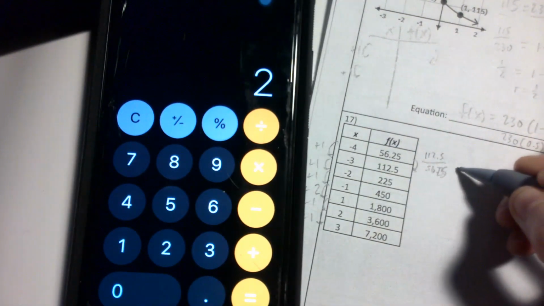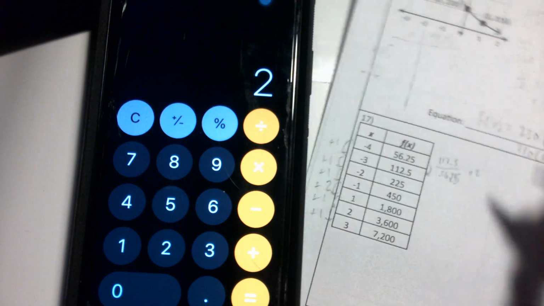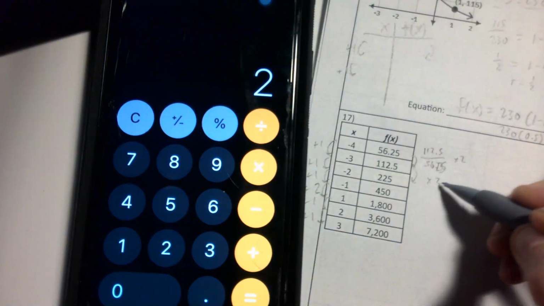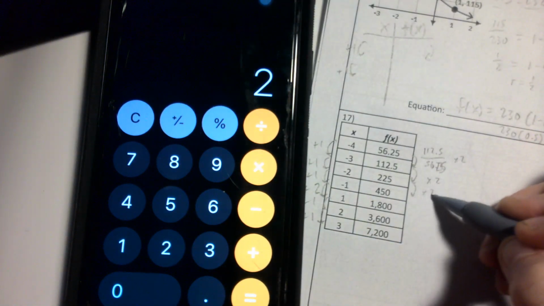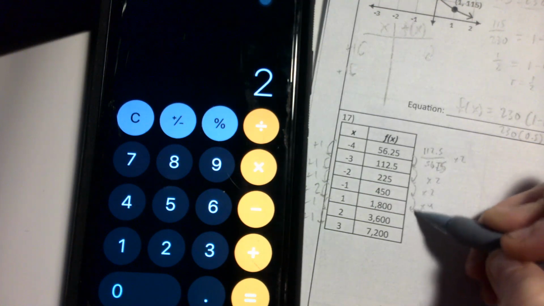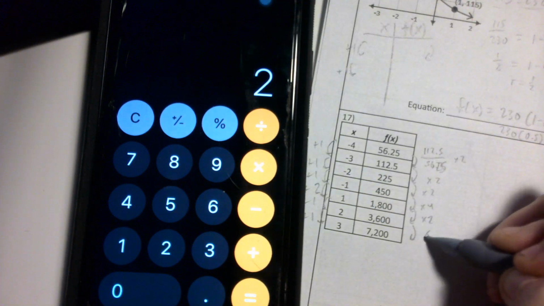So it's doubling, right? Times 2. Doubling, times 2, times 2, right?